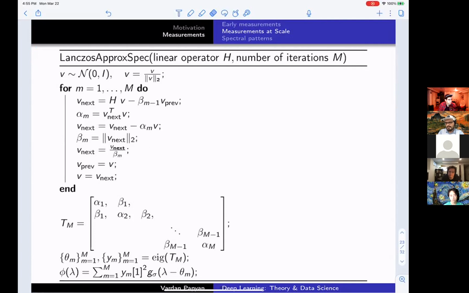Now, the iterations of the algorithm are similar to the power method and the subspace iteration in that they keep multiplying the matrix H, which in our case would be the Hessian, times a certain vector, right? And essentially the point of these iterations is to create a basis that would tridiagonalize our matrix.